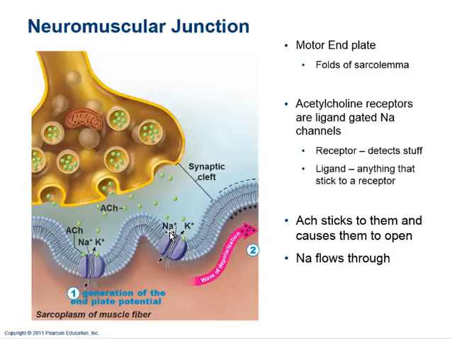If you remember from the first slide, sodium levels are always high outside of cells relative to inside of cells, so that when a sodium channel opens, sodium is always going to flow into the cell.